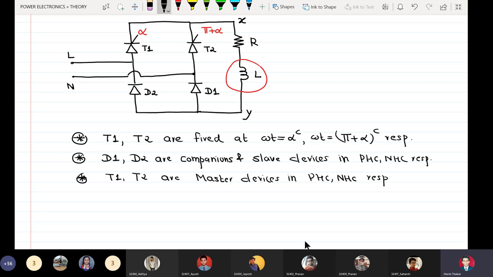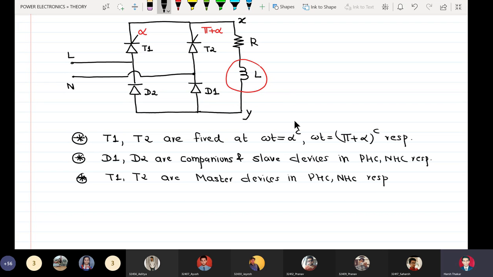So because D1's conduction is dependent upon T1, it is called as a slave device. Similarly, because D2's conduction is dependent upon T2, that is why it is called as slave device. That is why T1, D1 are master and slave devices in PHC, and T2, D2 are the master, slave devices in negative half cycle.